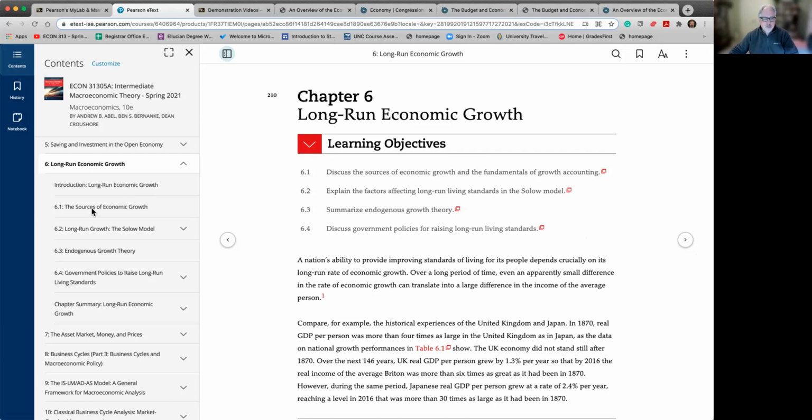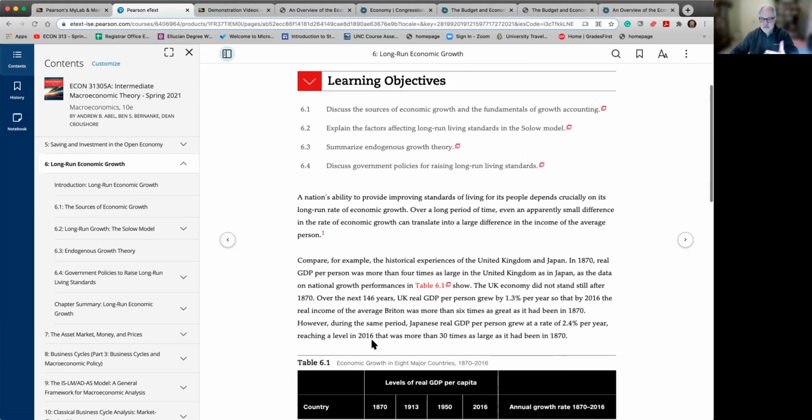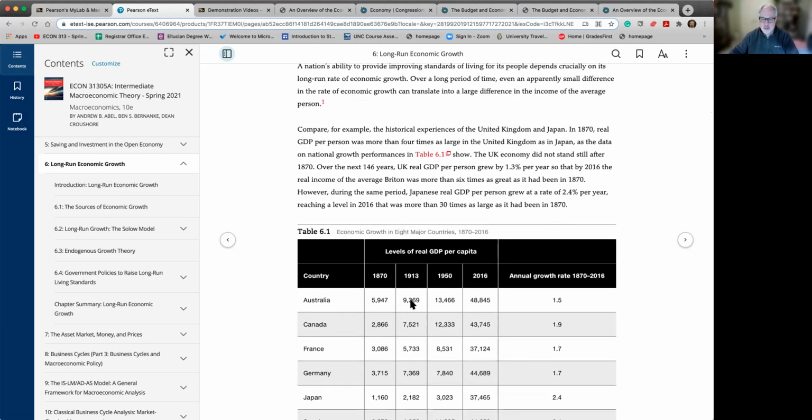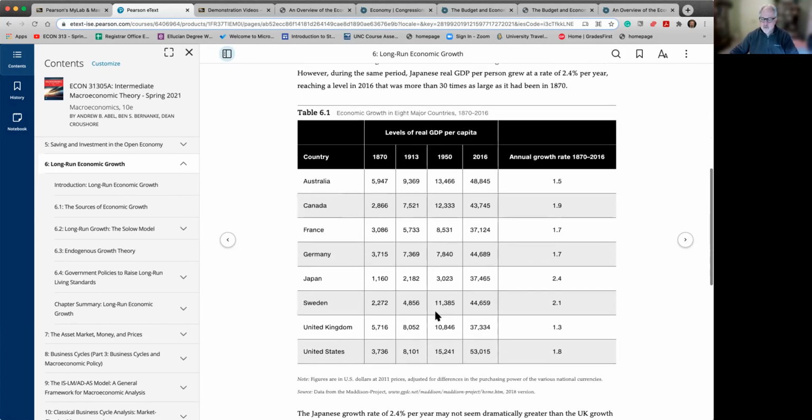So in section 6.1, as the introduction discusses here, it gives a number of different countries and the average annual growth rate in those different countries over more than a 100-year period, about 150 years.